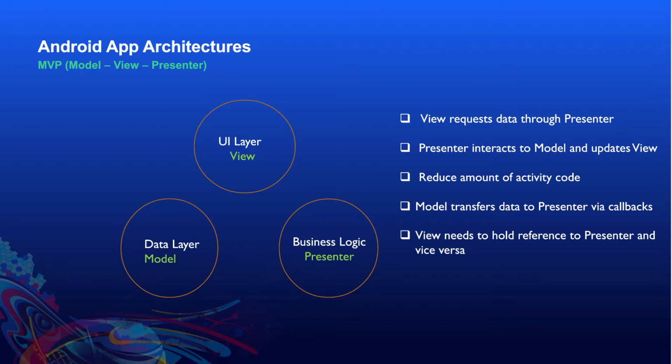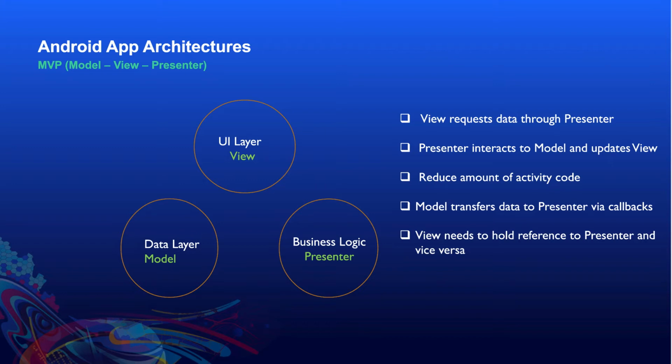The presenter is the one that now interacts with the model and updates views. So it did create that separation between the view, which is the UI layer, and the logic to control the model. That separation has happened, which reduced the amount of the activity code, and then people started moving code to the presenter itself, and the presenter is now handling all the logic for the app.